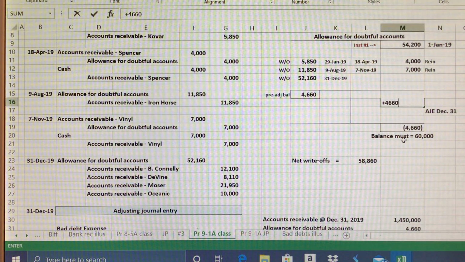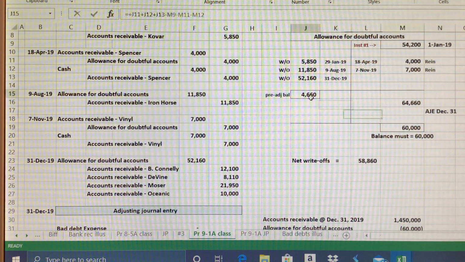And then I'm going to need another $60,000 because I want that to be the balance. And there it is. There's your balance. So if you had a debit balance, you need $4,660 just to get to zero. Now we got the balance of $60,000.